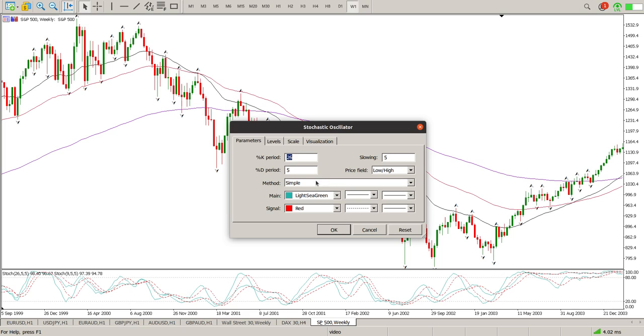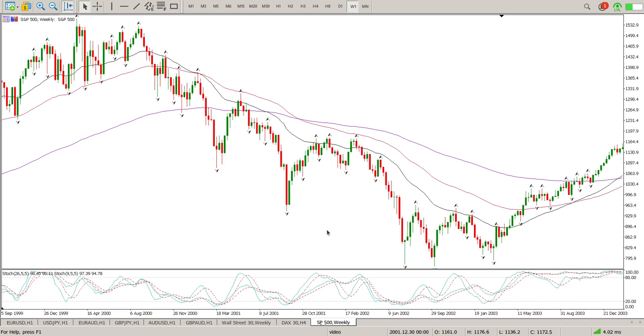Okay, and its method is simple. Both methods are simple for this. You can change them to exponential if you want to line up with your moving averages, but as you can see, it makes such a small difference, it's basically irrelevant. Okay, so that's it. And obviously then the fractals.